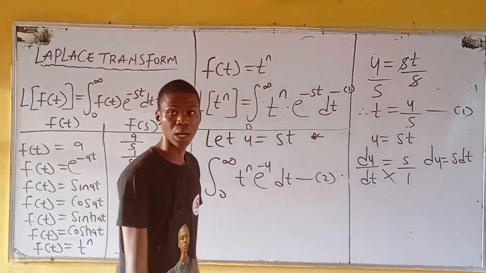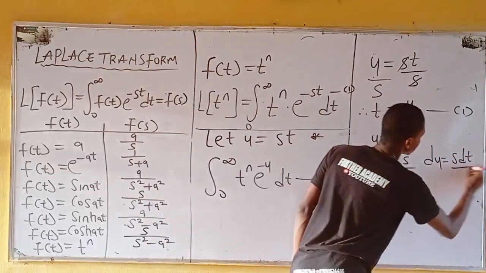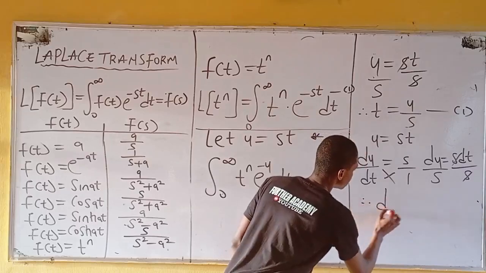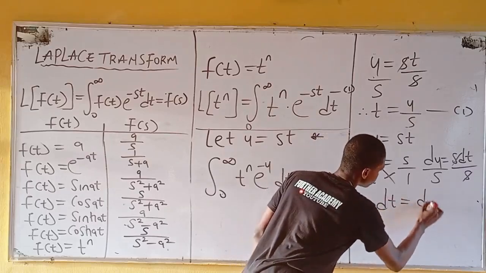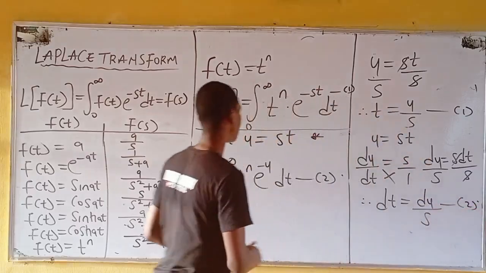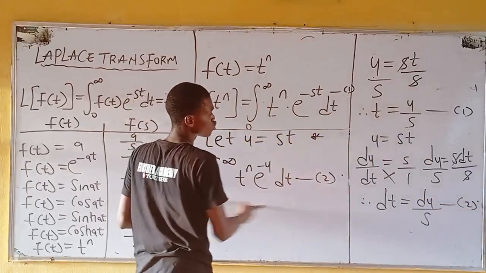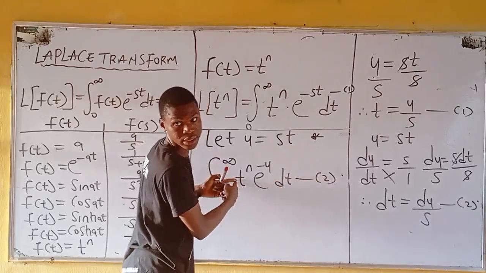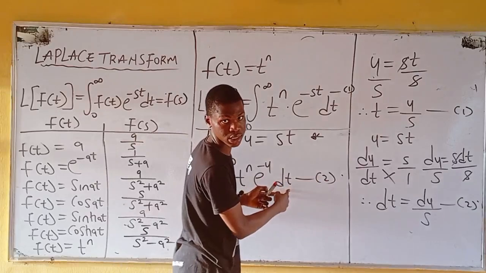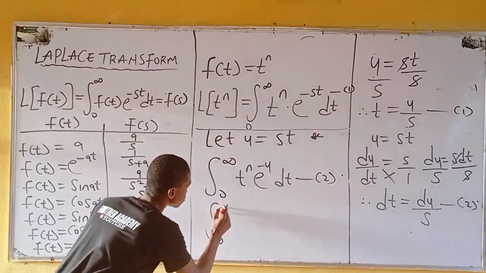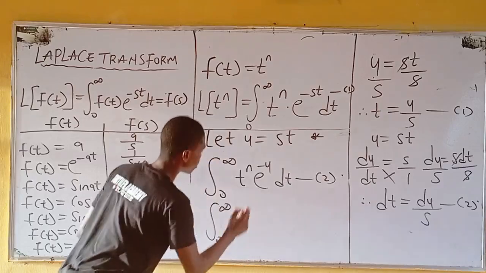Divide both sides by s. Therefore, dt is equal to du over s. Call this 2. Meaning, back to equation 2, you found t and you found dt. Now, substitute. It becomes the integral from 0 to infinity. What's your t now?